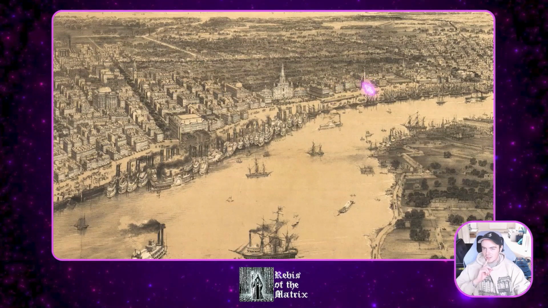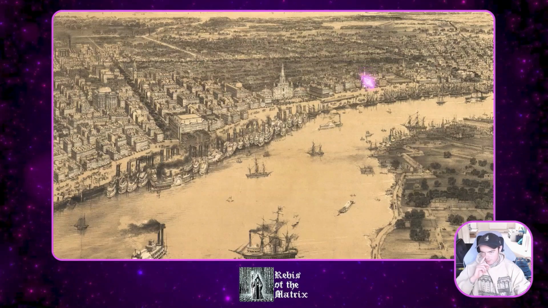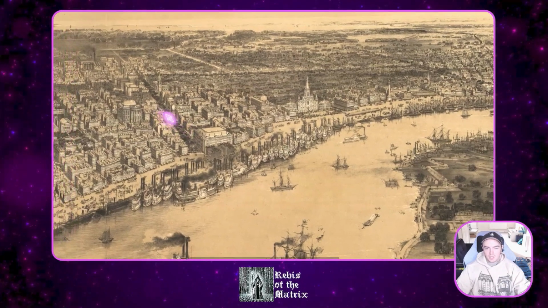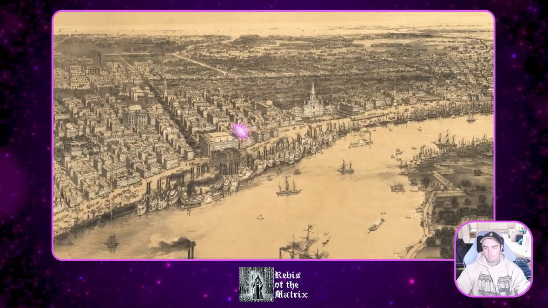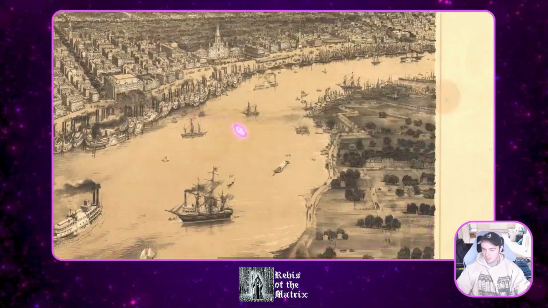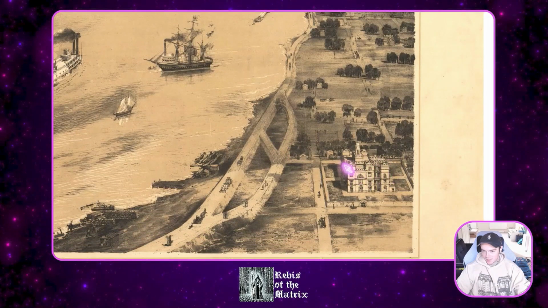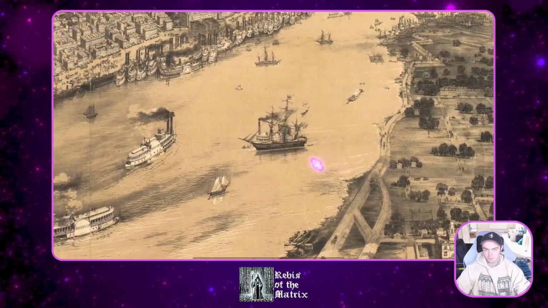Obelisk thing here. Big victory column, or yeah, they normally call them victory columns. Obelisk for me though. Big dome on this building. Very interesting. Down in the corner here, just some little manor house, some little castle, having this bit of land to themselves.